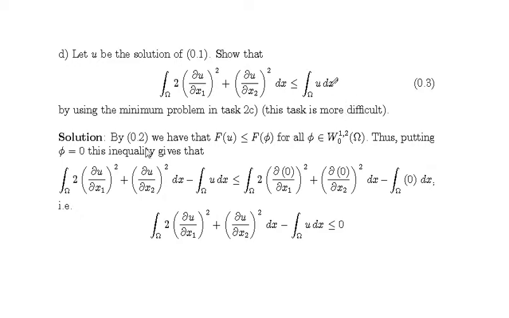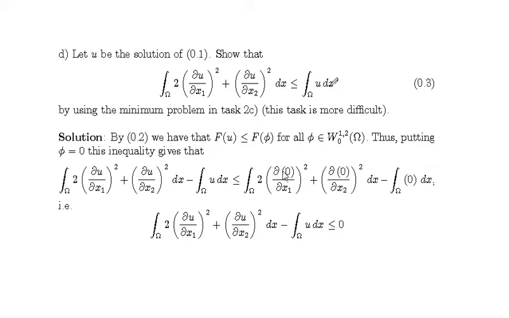But it turns out that if phi is equal to 0, then we obtain this inequality. This is just f of u, and this is f of phi, where phi is equal to 0.